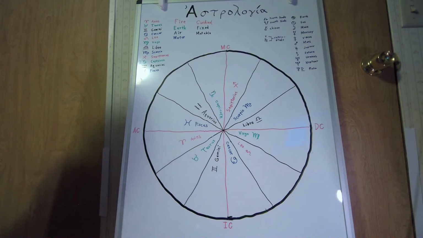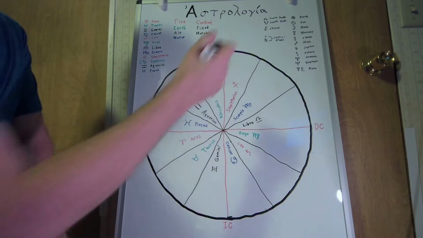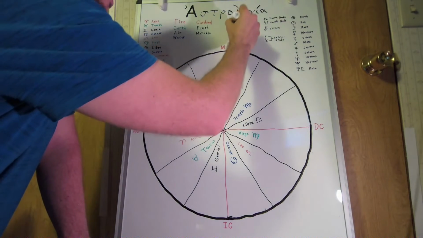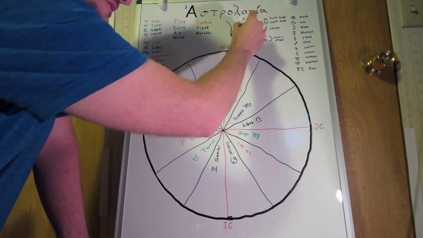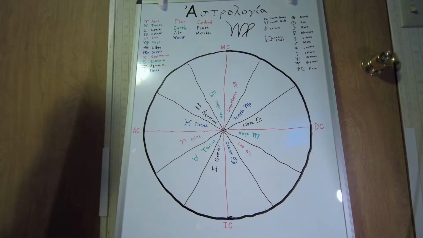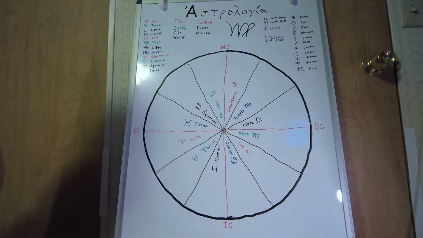Next, we have Virgo. Virgo the Virgin. Virgo is mutable earth, and that's going to be practical and realistic and adaptable and flexible.